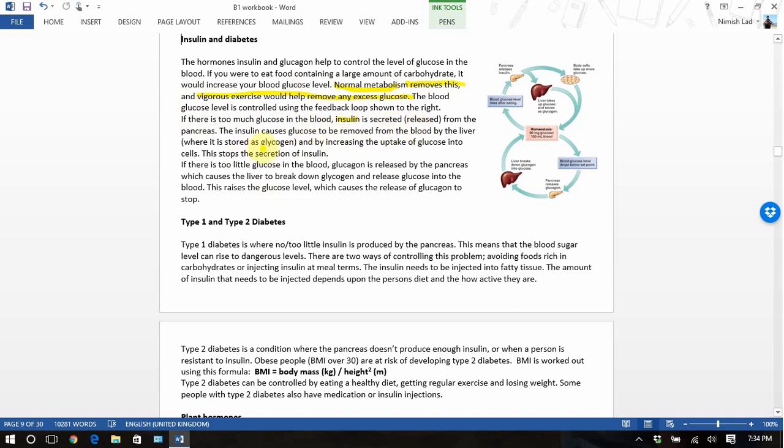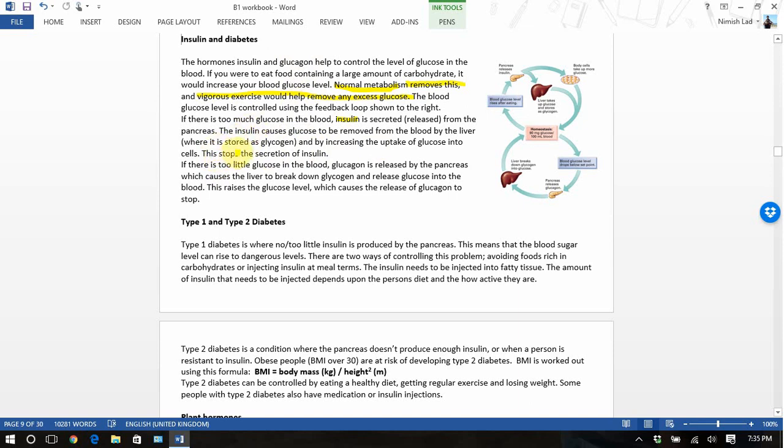So stored there as glycogen, not to be confused with the hormone glucagon. So it makes glucose into glycogen stored in the liver. Insulin does that. And by increasing the uptake of glucose in cells, that's also what happens. So the cells will take in more glucose, there's less glucose in the blood.